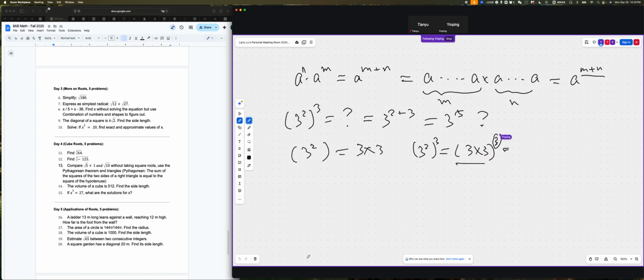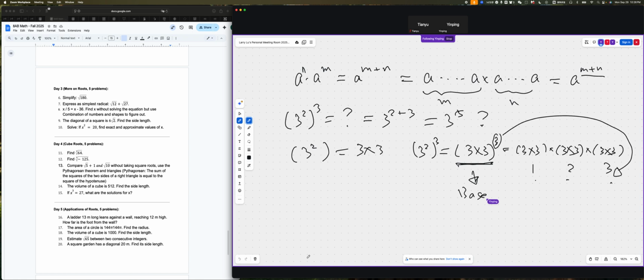As we already talked about, the exponent 3 means how many times the base multiplies itself. Here the base is 3 times 3, and I have 3 of them, 1, 2, 3, multiplied by each other.